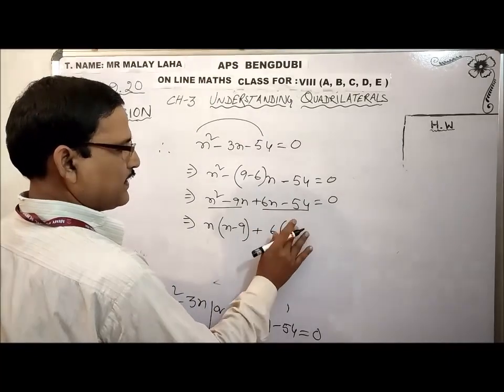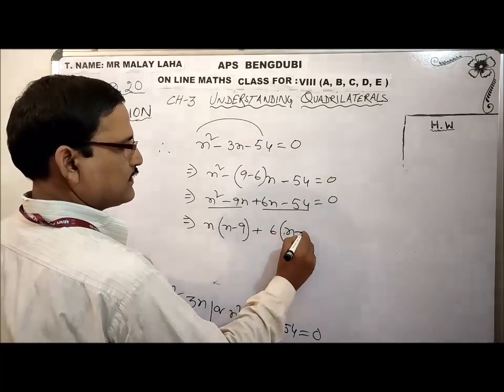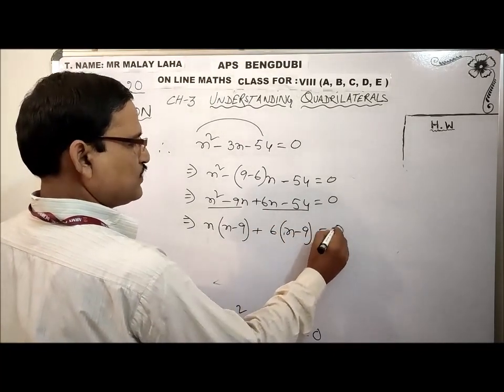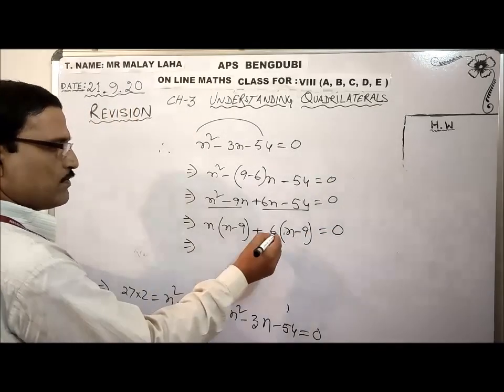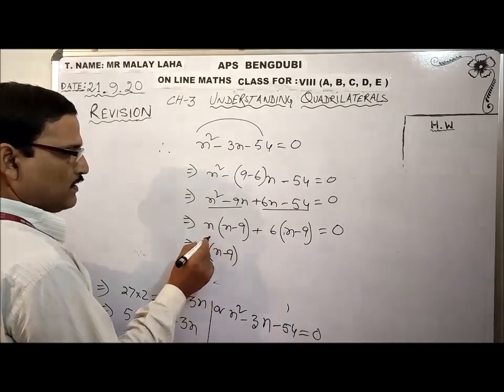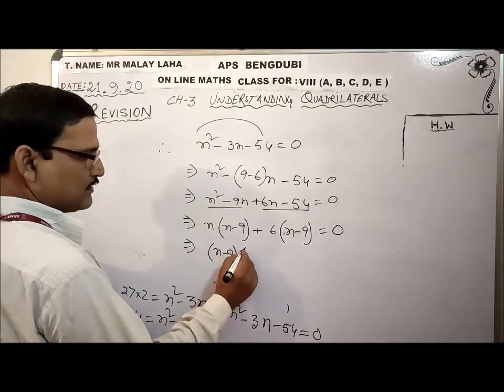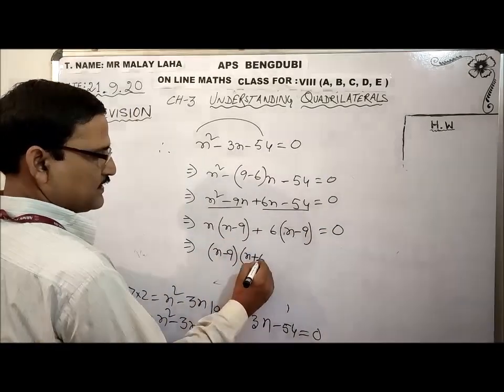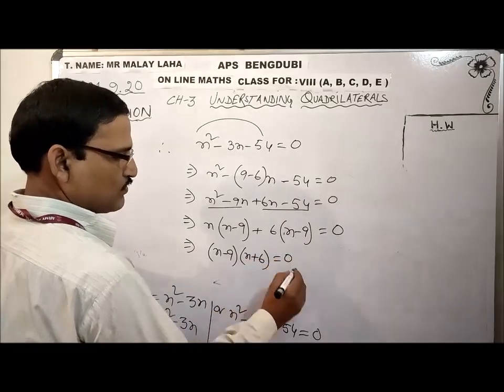So n minus 9 equals 0. n minus 9 is one common factor, and another factor is n plus 6, that equals 0.